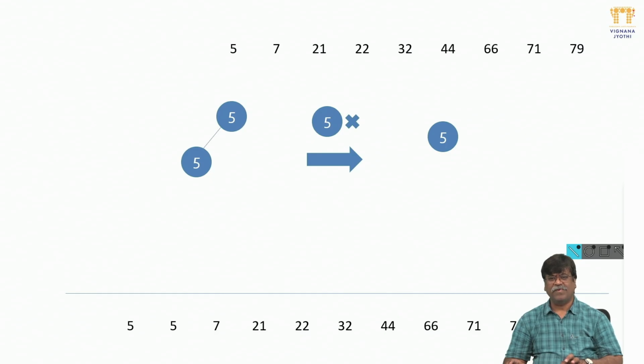And every time you are removing the root value and you are going to get the ascending order of the data. So when you are using max heap, we are getting data in the descending order, whereas if you are maintaining the min heap property, there you are getting the data in the ascending order.